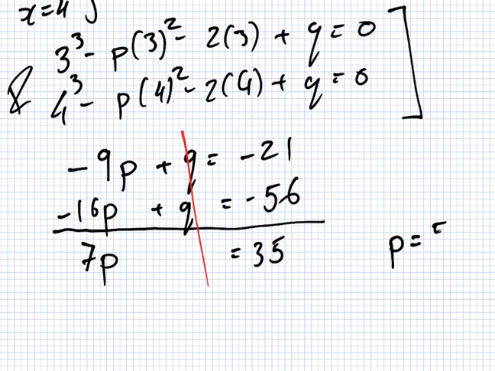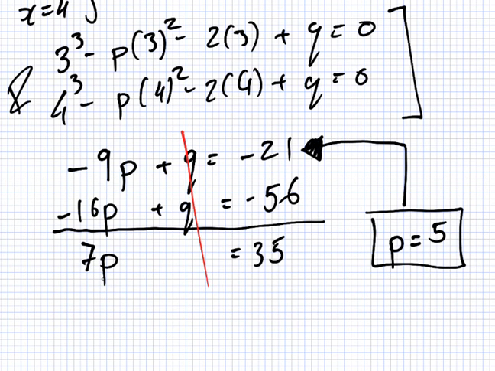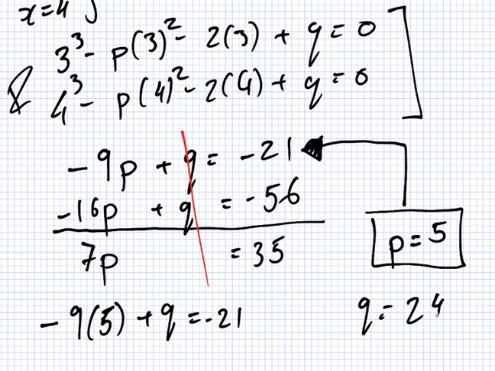Then to find q, I can just substitute it back in. I get minus 9 times 5 plus q equals minus 21. So q will equal minus 21 plus 45. So q is 24. So I found the p and the q like they asked me to do.